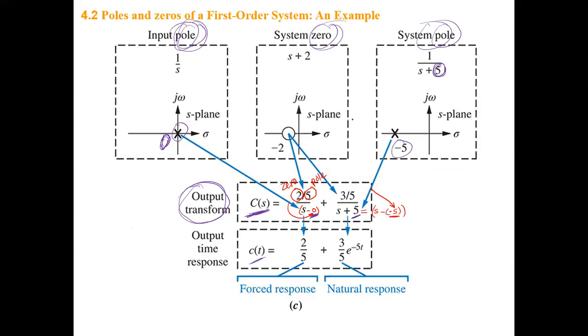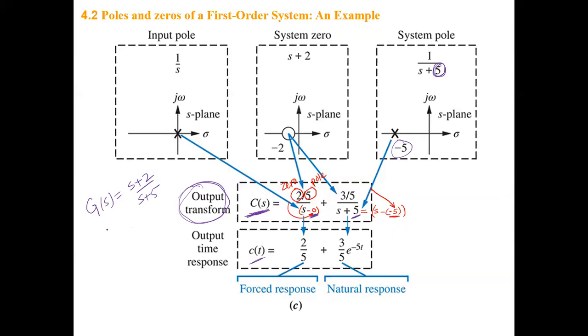Can you talk about real quick how we got the input pole, the system zero, and the system pole? What was given to us again? This is given. G equals s plus 2 over s plus 5 is given.